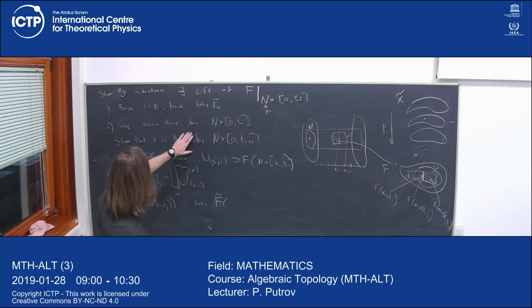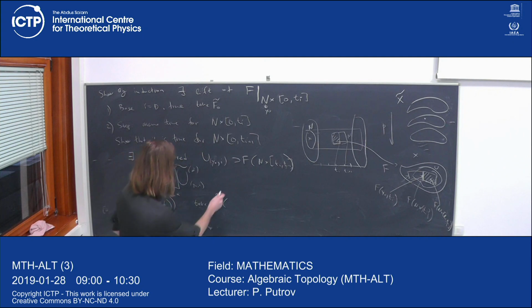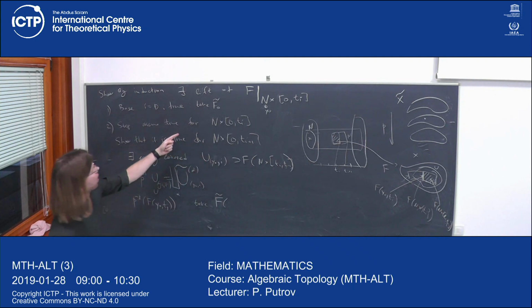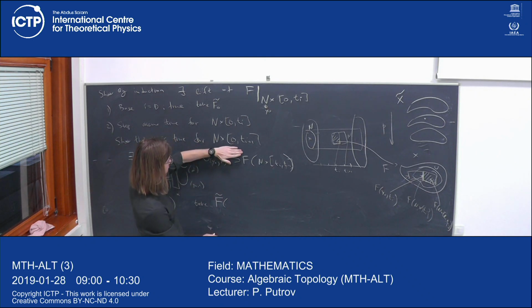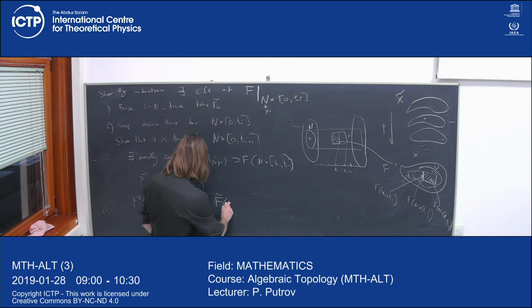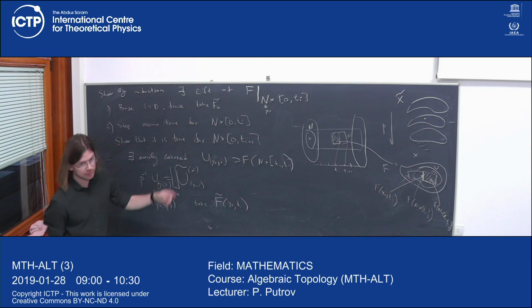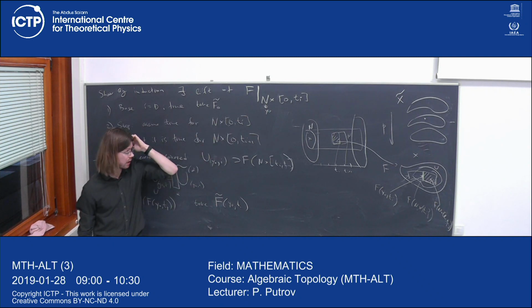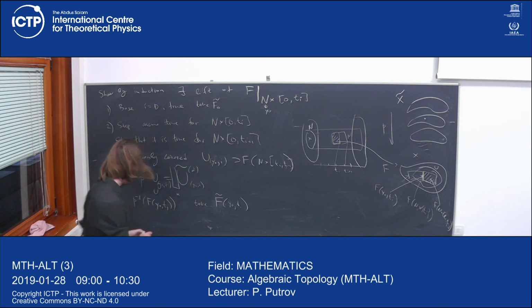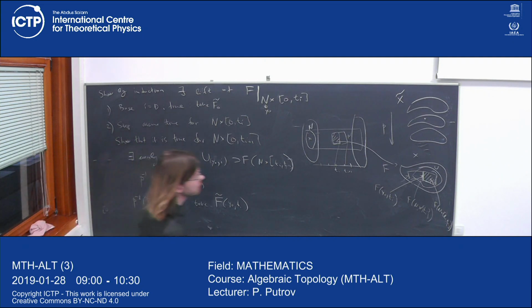We assume that there exists a lift on this interval, so we can use this existing lift of f restricted to this subspace. In particular, we can use it on y0 times t_i, right? So we defined the lift of f, given by f tilde, on this interval times N. And so let it be here.